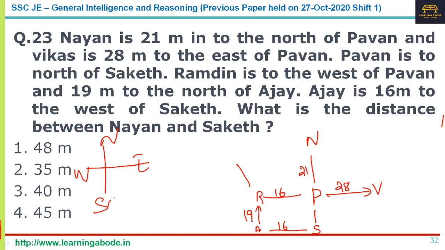Now question number 24. Shardul walked 32 meters towards south to reach the internet center. Again, we'll have the same directions: north, south, east, and west. Let's say this is the starting point.